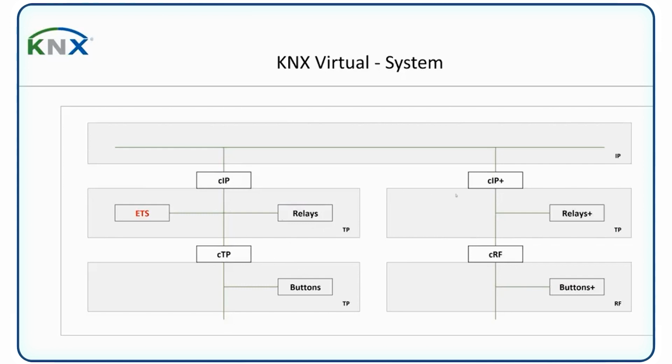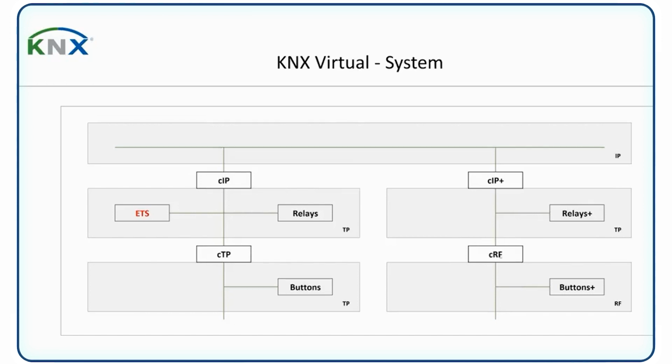Then there is a right side. There we have more or less the same devices, so also buttons, but then they are secure. So you can make sure that these devices send encrypted telegrams.